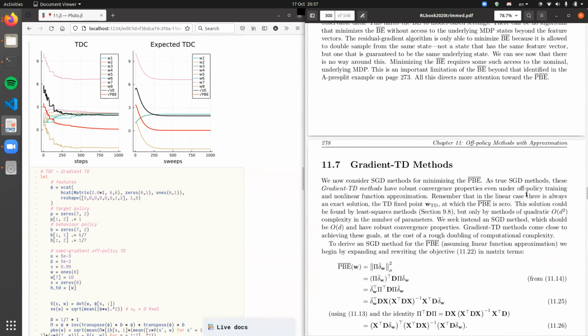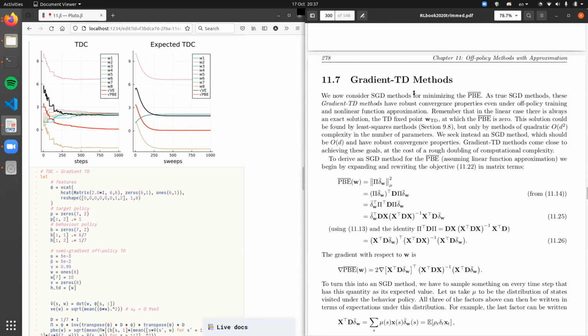So let's have a look at how we can derive the true gradient for projected Bellman error, and what trade-offs we have to make to get it to run.